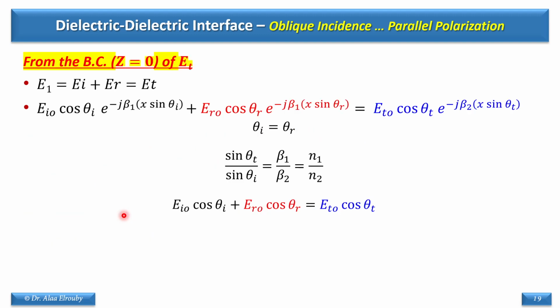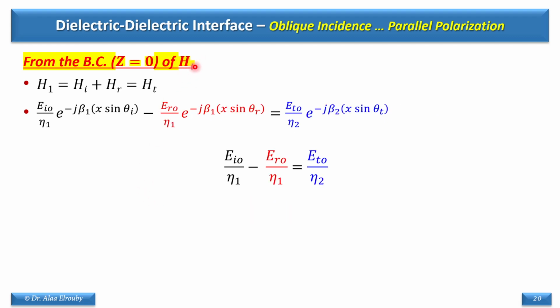Those are the tangential components. They need to equal one another. From the phase term, we'll have Snell's law of reflection and Snell's law of refraction, and from the magnitudes we have this expression. This is the boundary condition for E tangential.